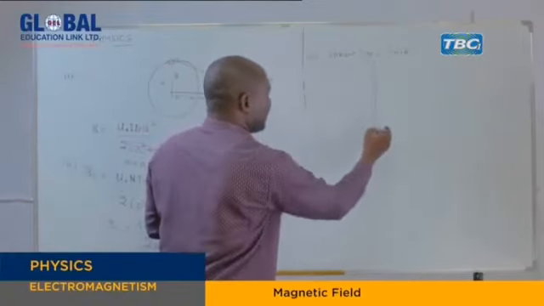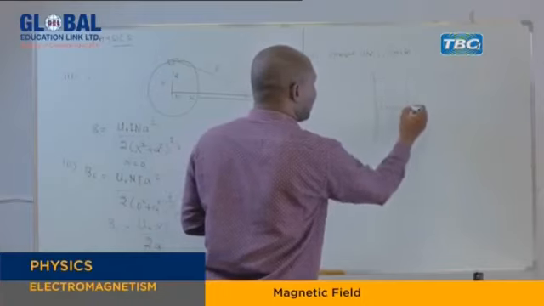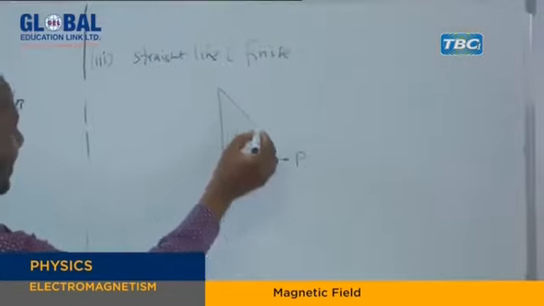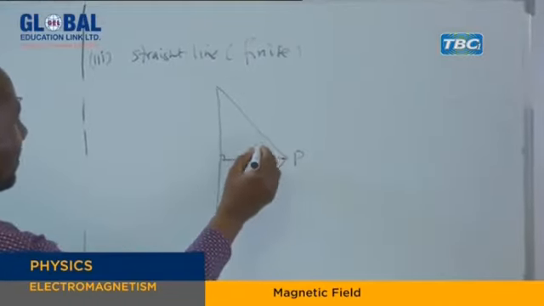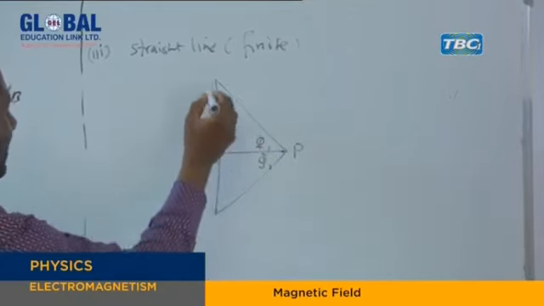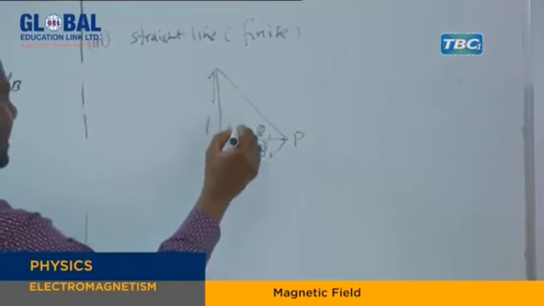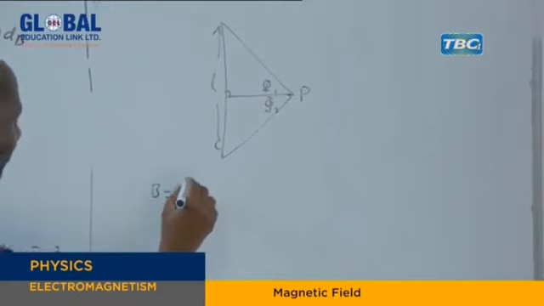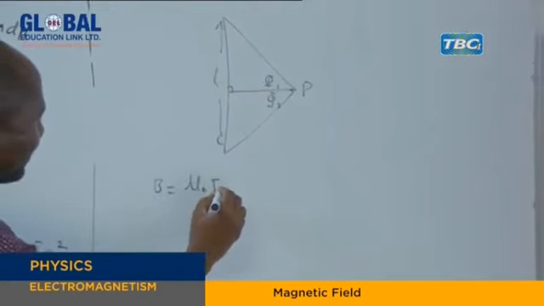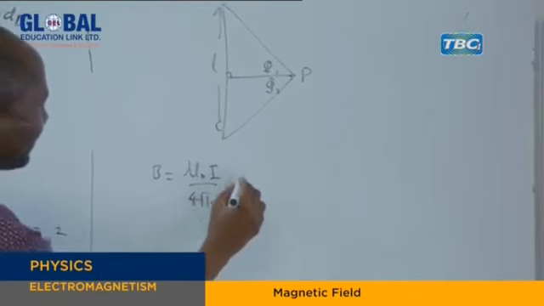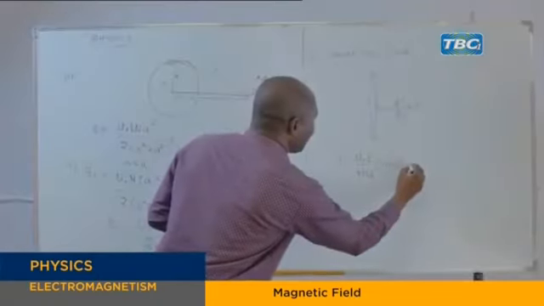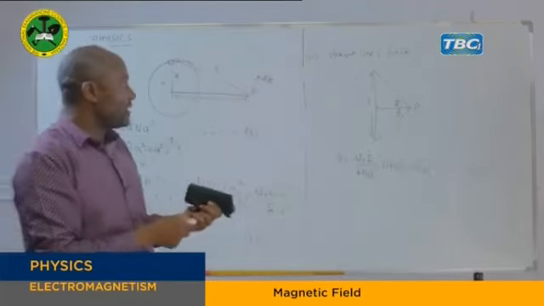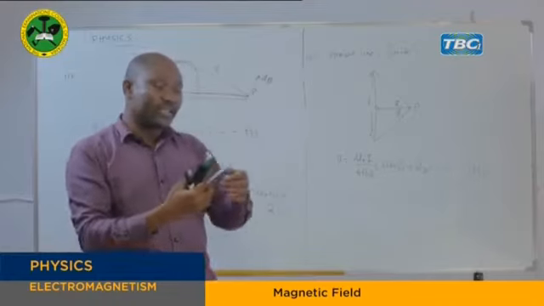So that was the length of the conductor at a point P, and then you choose that angle. This is alpha 1, this is alpha 2, and this length is D. So you have B equals mu I over 4 pi D times (sine theta 1 plus sine theta 2). That is the formula you did when finding for a conductor whose length is known.